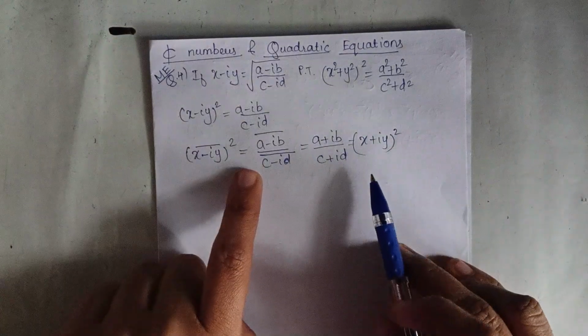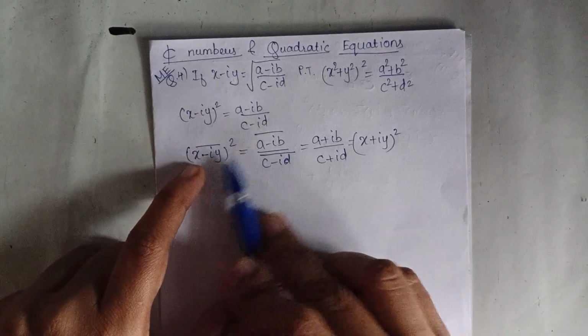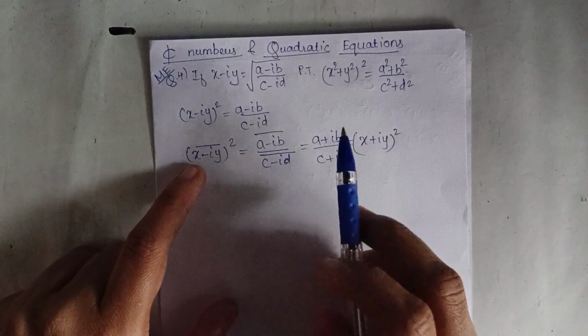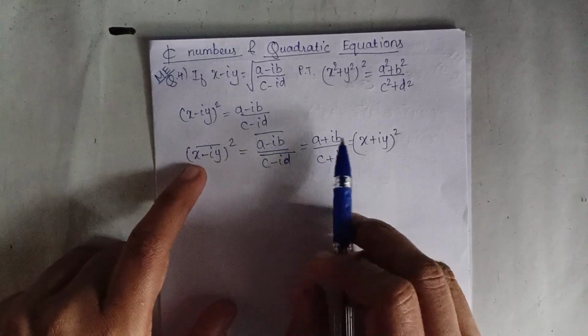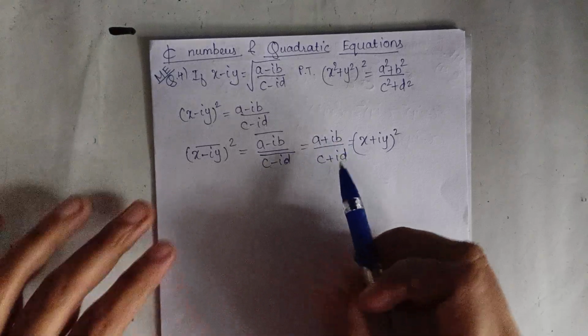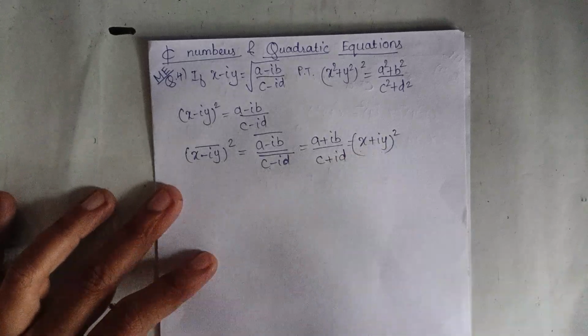This is our property, that is, (z1 upon z2) the whole bar, that is conjugate, is equal to z1 conjugate upon z2 conjugate.